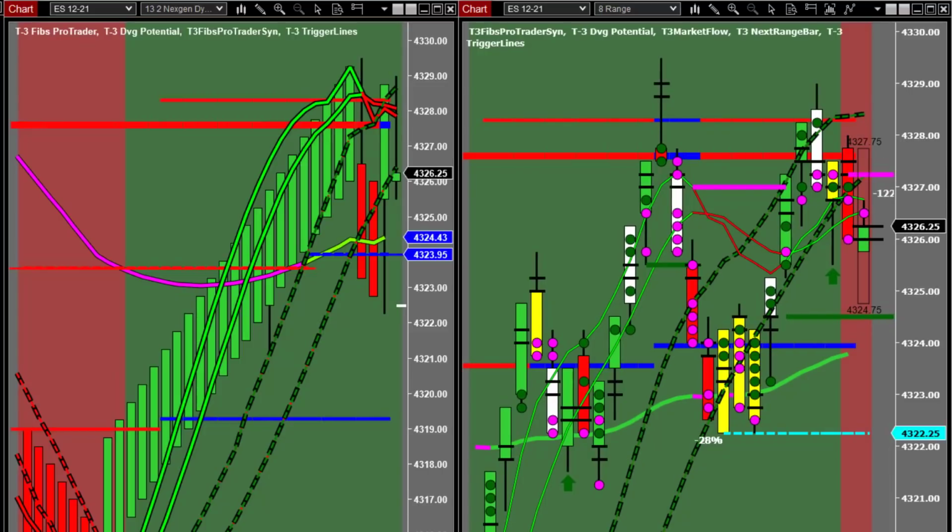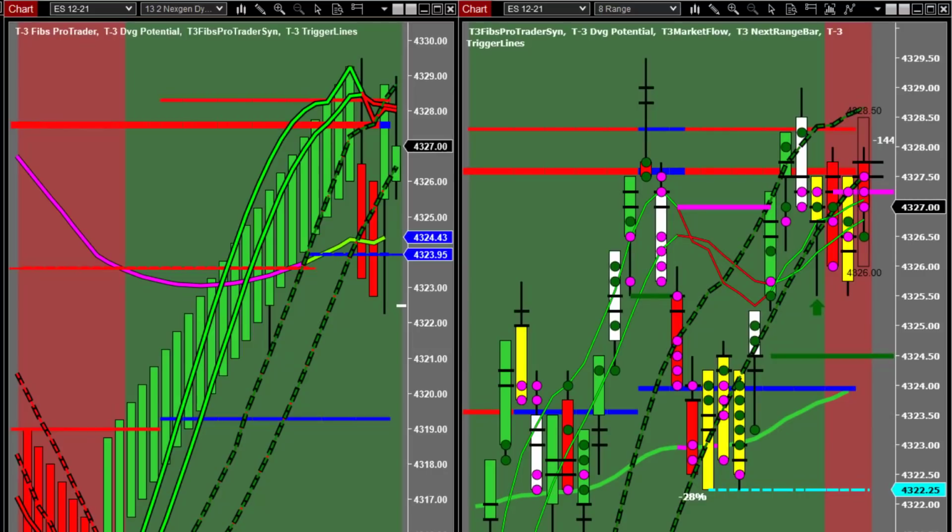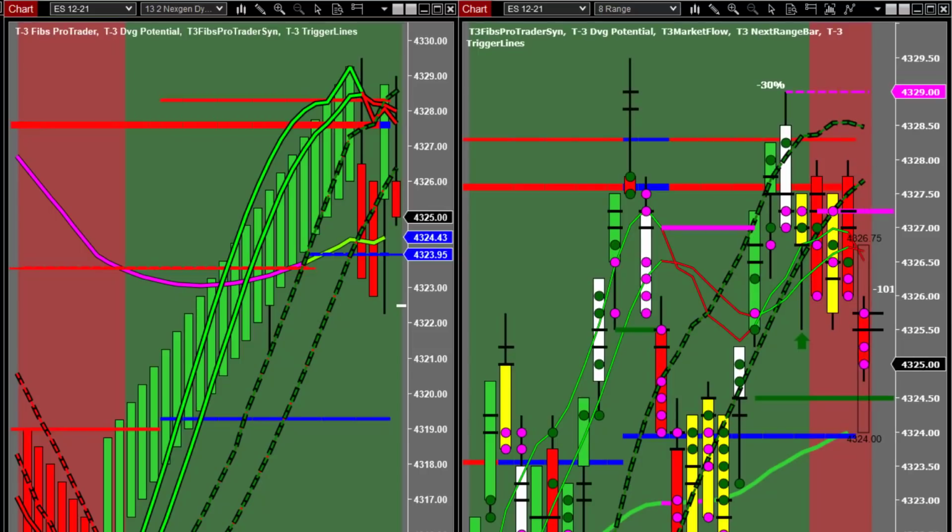A good target for your long, and then as the triggers didn't roll over, see how the triggers haven't rolled over on the range bar chart yet? Now they have, a little bit, small triggers anyway.